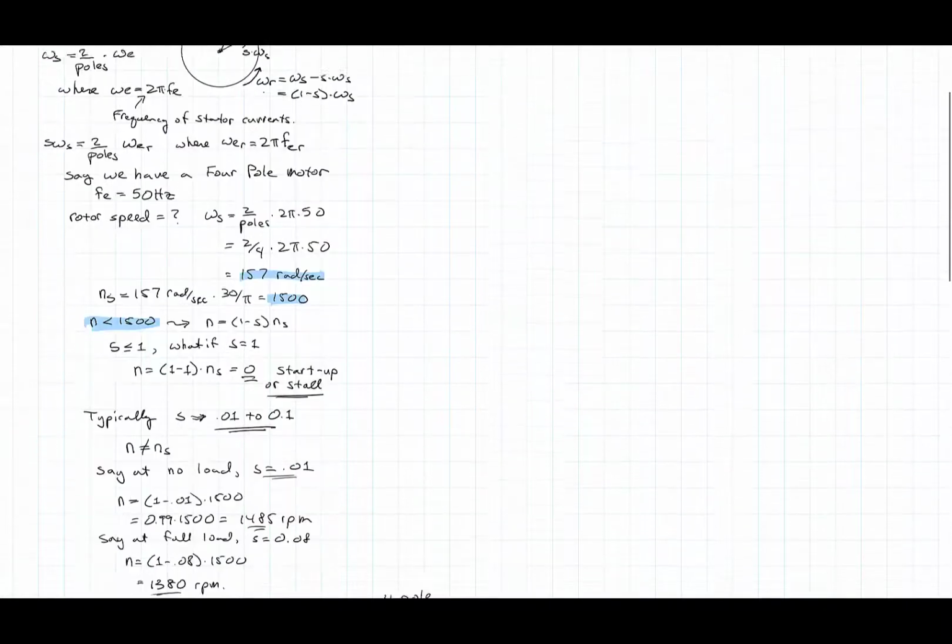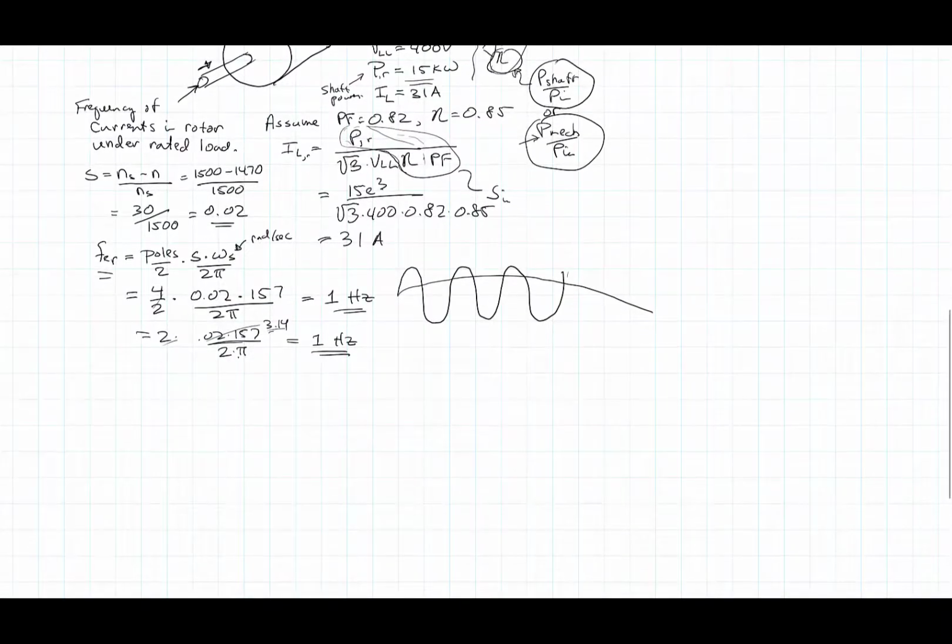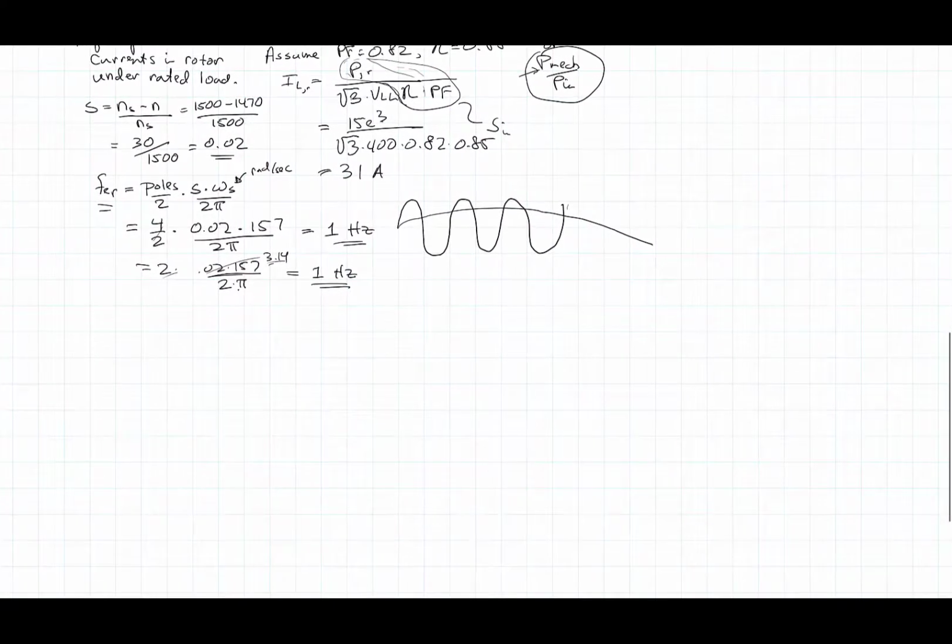So going back to this motor problem, how do we solve motor problems?